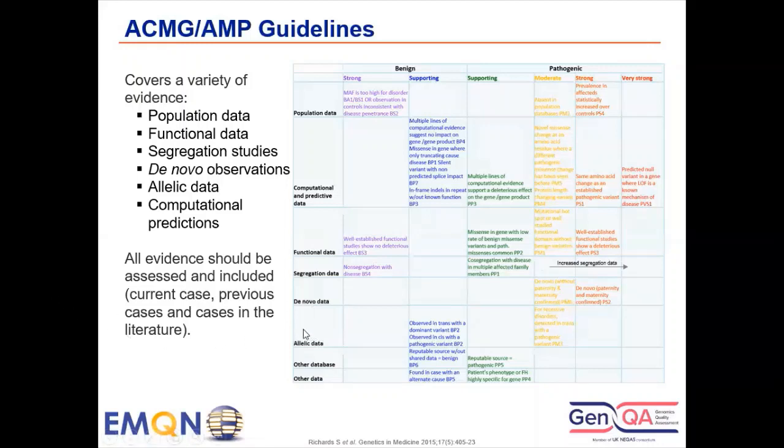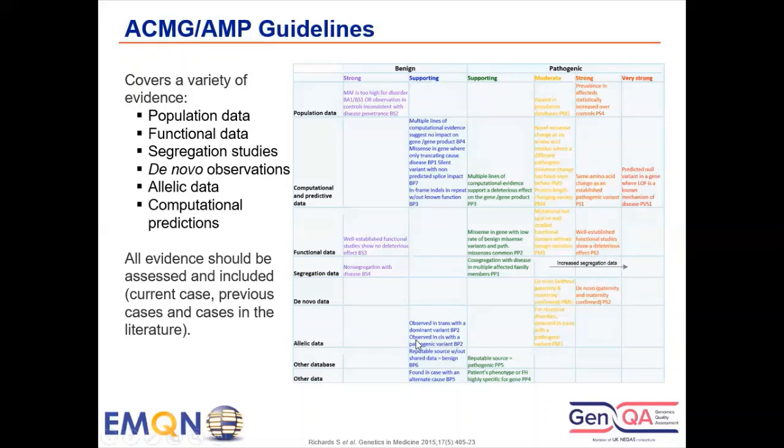A very useful criterion, however, is the allelic data. When you find a variant of unknown significance in trans with a clearly pathogenic variant, this is a strong argument against pathogenicity.